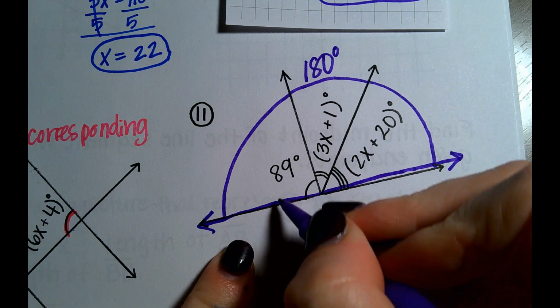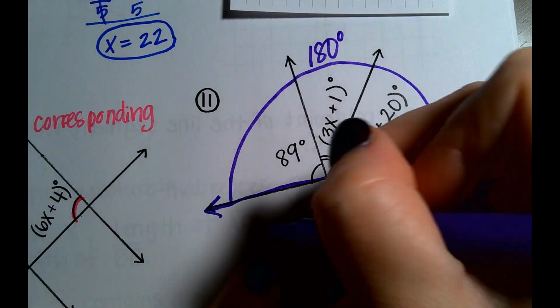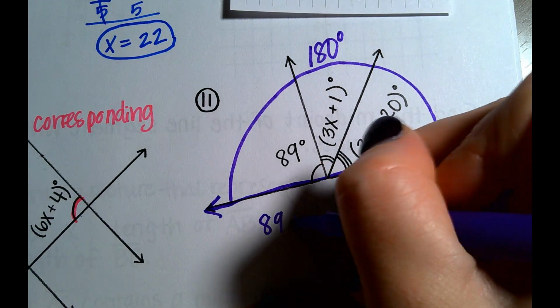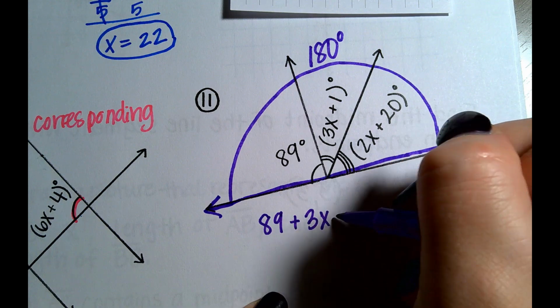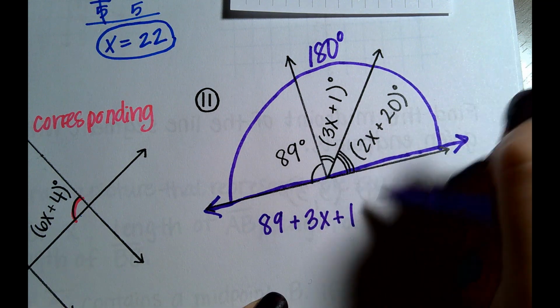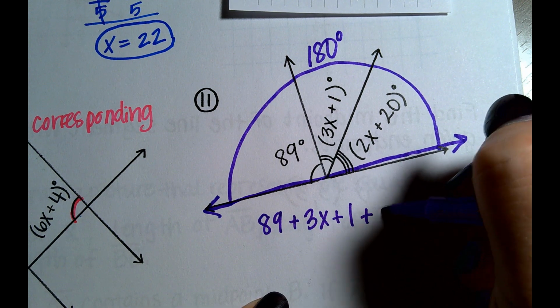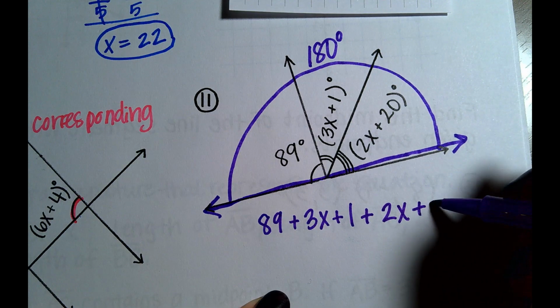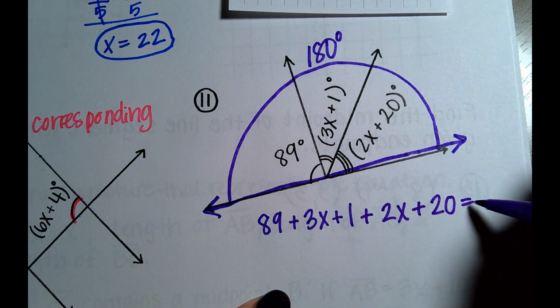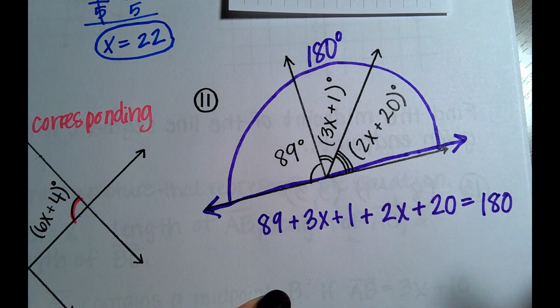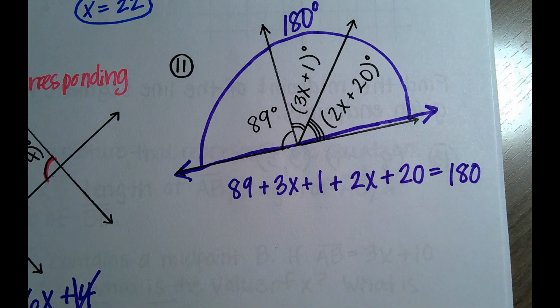Yes, perfect. We can just write them all in order like that. 89 plus 3x plus 1 plus 2x plus 20 equals 180. This one is long.